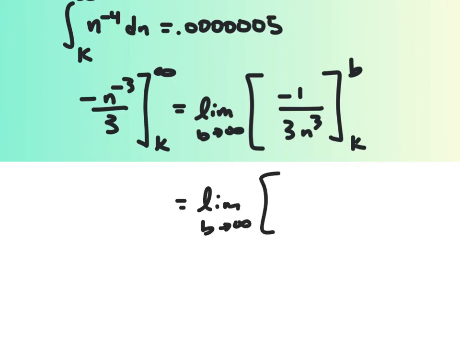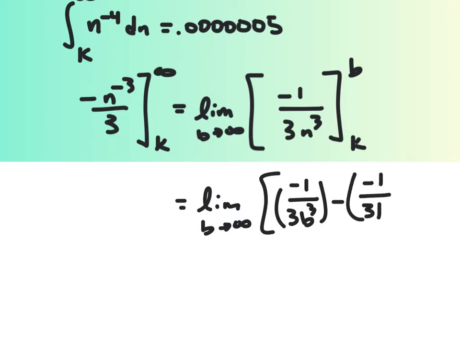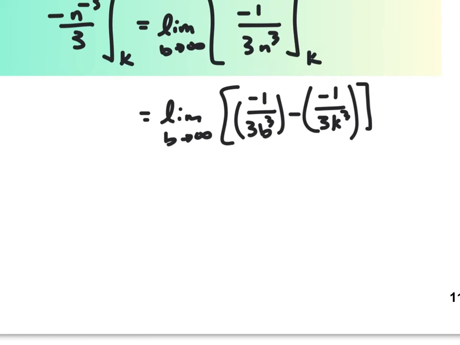I get negative 1 over 3b cubed. Clearly that's going to go to 0, minus negative 1 over 3k cubed. So this will go to 0 as b goes to infinity, and we get positive 1 over 3k cubed.